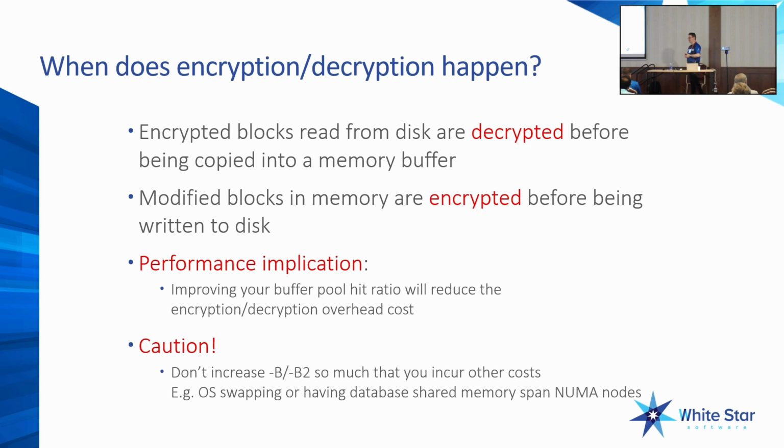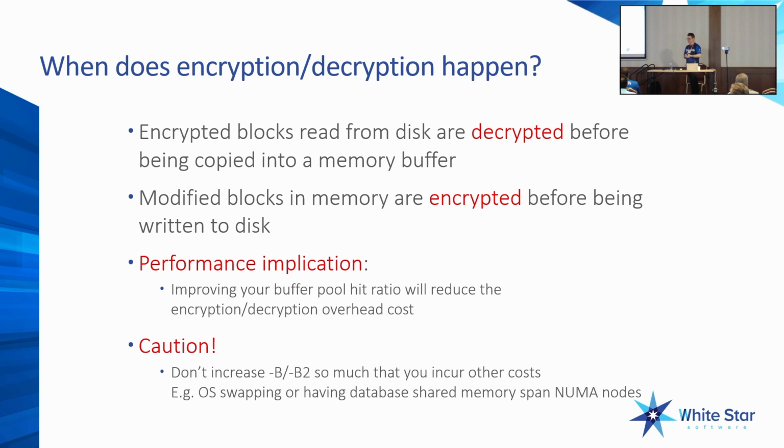So when does encryption happen? It happens at the I/O level when blocks are read and written on disk. So if an encrypted block is read from a data extent into the buffer pool, that's when decryption happens. If a block in an object governed by an encryption policy is modified in the buffer pool and then it's later written out to disk, it's then encrypted under the current policy.